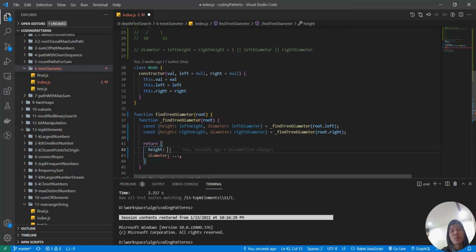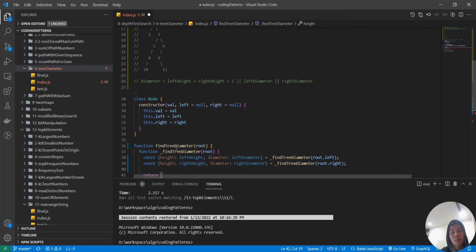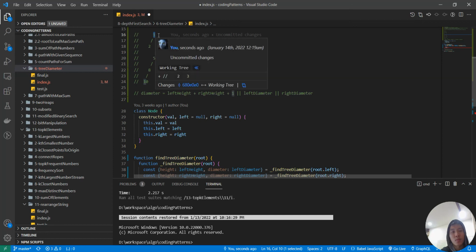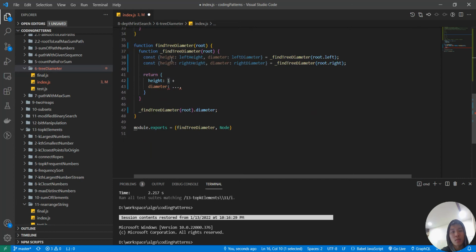Okay, the height of the root node will be 1 plus, for example here the left height is 1, and the right height is 4. We will take 4 because it's longer, and plus 1 because when we consider the root we need to add 1 to the height.